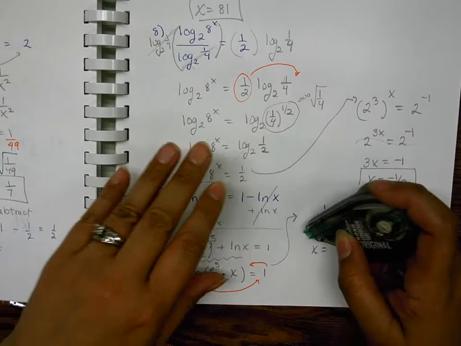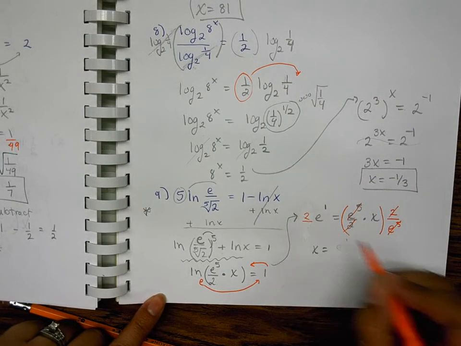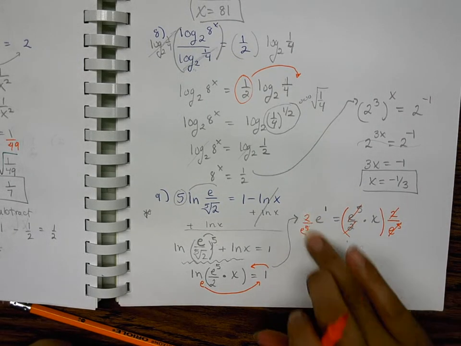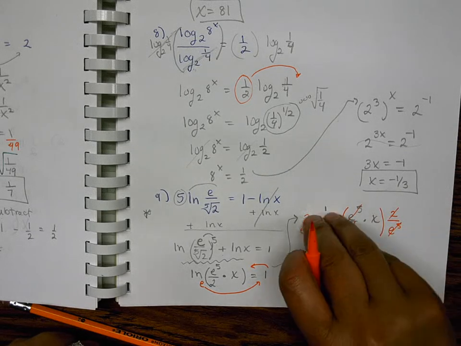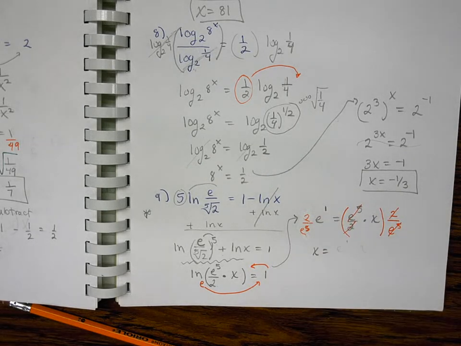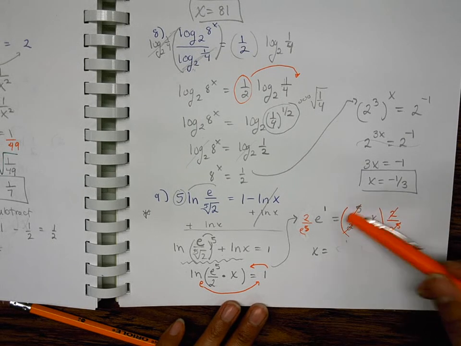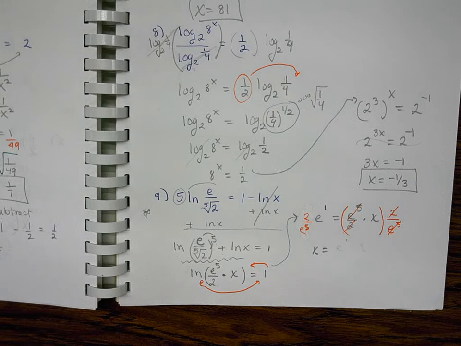What I did was I didn't pay attention. All right. 2 over e to the 5th. Why? Because that's a reciprocal of e to the 5th over 2. The 2 reduces, the e to the 5th reduces.